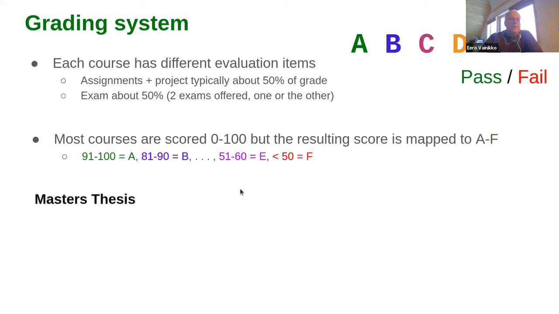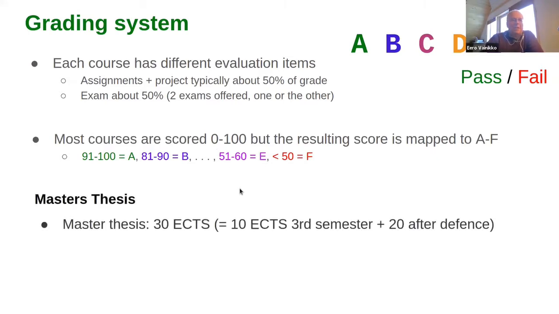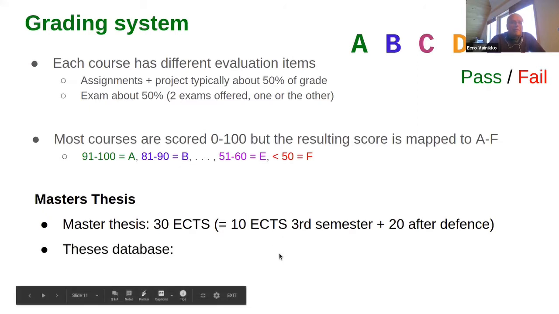And the master thesis is the very end of your studies. It is 30 credits, but you can do it in 2 goes. At the end of the third semester, you can have 10 credits already and 20 after, or you can do it all together.